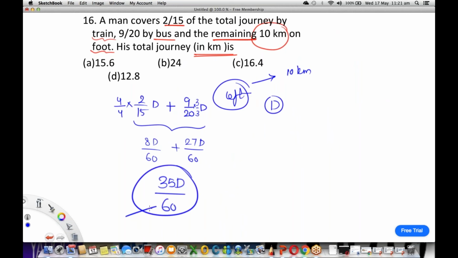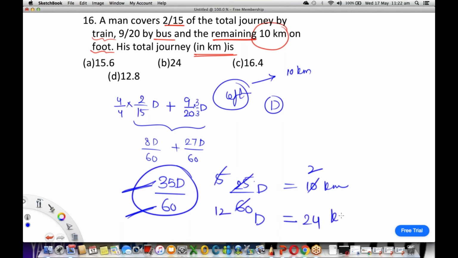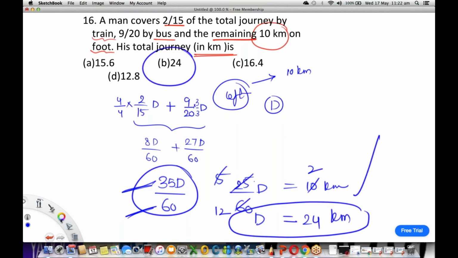If out of 60 parts, 35 parts are over, 25 parts are left out of 60. That fraction is equal to 10 kilometers, as clearly mentioned in the data. So if that is equal to 10, what is d? I can simply say 5 fives, 5 twos, and 5 ones, 5 twelves. So the distance will be 12 into 2, that is nothing but 24. You can fix your answer choice as option B.